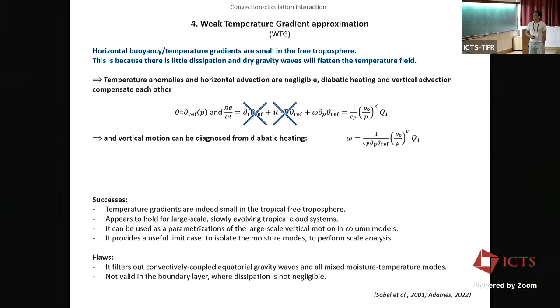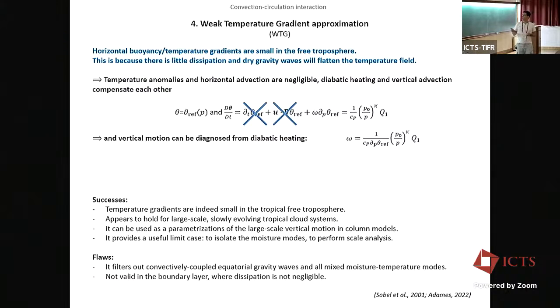And if we do that, we are left with only two terms, vertical transport and the diabatic heating. And so we'll be able to diagnose the vertical motion as a function of the diabatic heating and our reference profile. And that is quite useful if you want to simplify the dynamics and get the main contribution of dynamics to our physical or diabatic processes, so just the vertical transport.